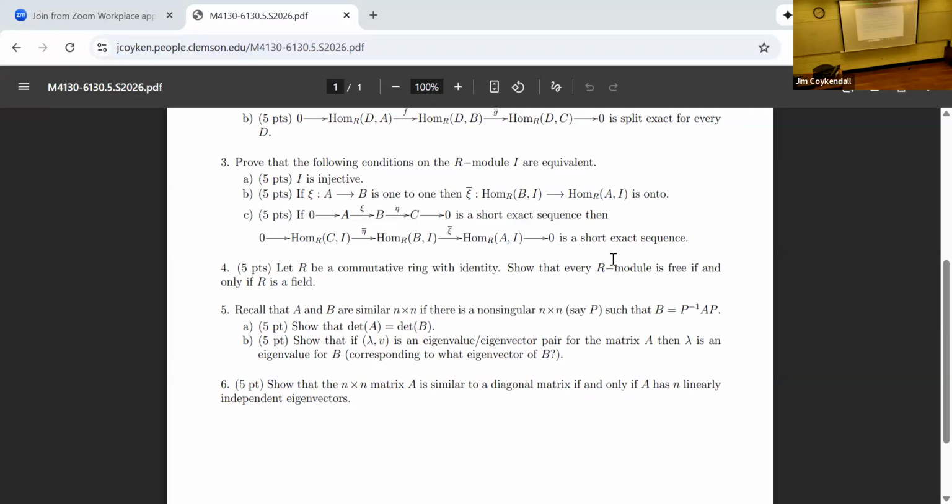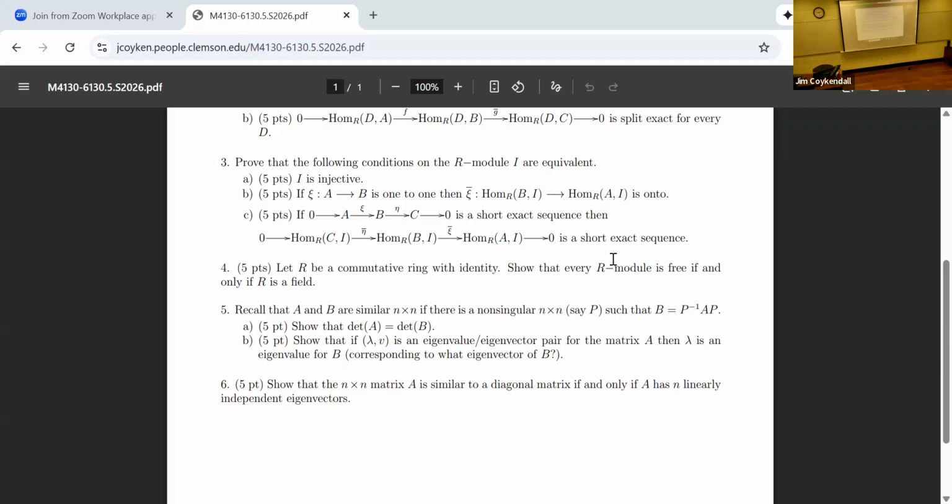Recall that if A and B are similar n by n matrices, if there exists a non-singular n by n matrix, say P, such that B is P inverse A P. Show that if A and B are similar, then the determinants are the same. Show if lambda, v is an eigenvalue, eigenvector pair for the matrix A, then lambda is also an eigenvalue for B, and find the eigenvector that makes this work.